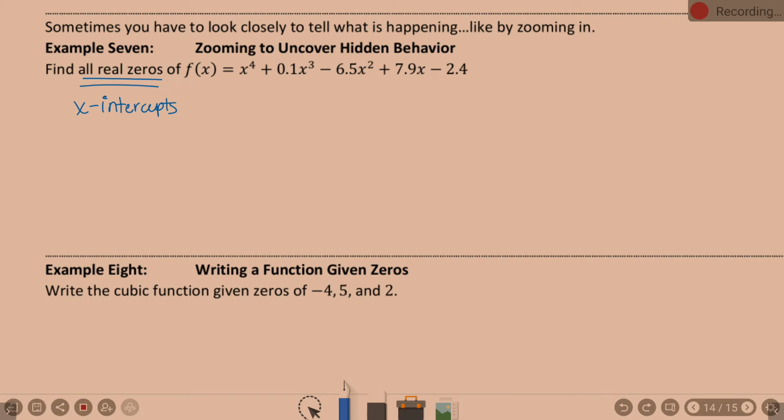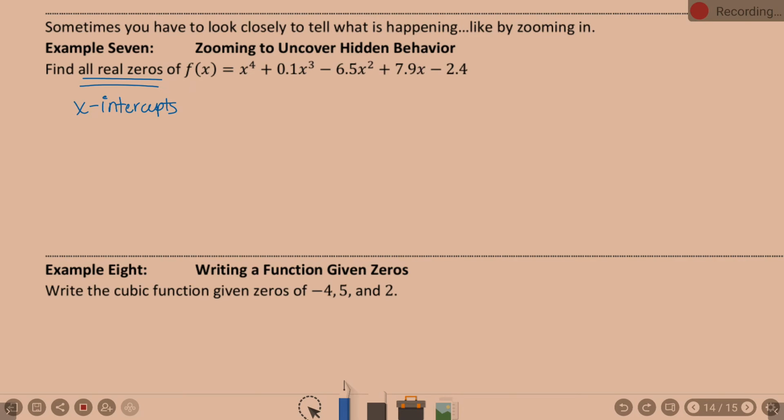So have you plugged this into the calculator? I would definitely encourage you to practice. Type carefully, don't make mistakes. Okay.